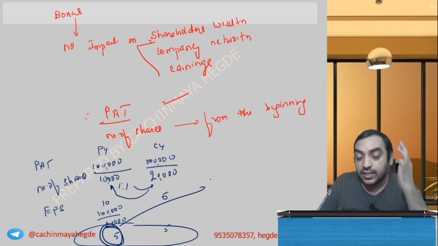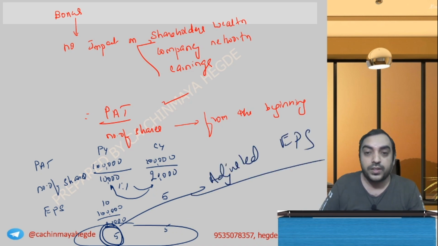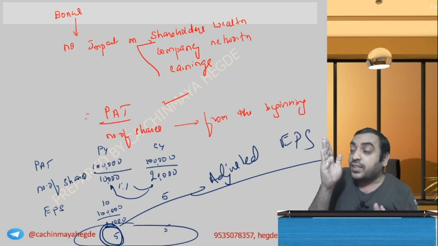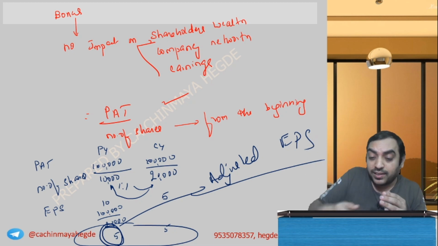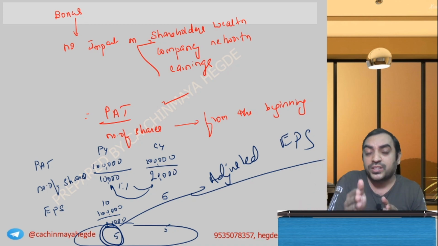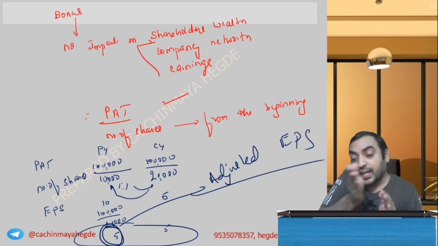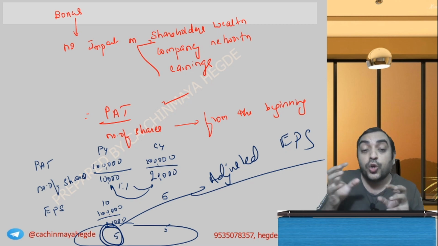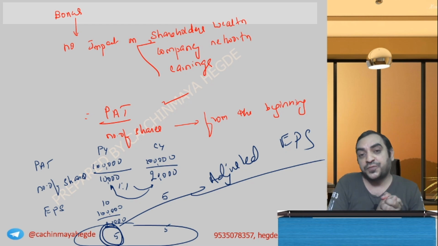That's called adjusted EPS. So adjusted EPS means it's an amount relating to the previous year, but in the current financial statement, restated for the purpose of better and meaningful comparison with current year EPS, for events such as bonus shares, right shares, etc., which don't have any source of finance for the company.